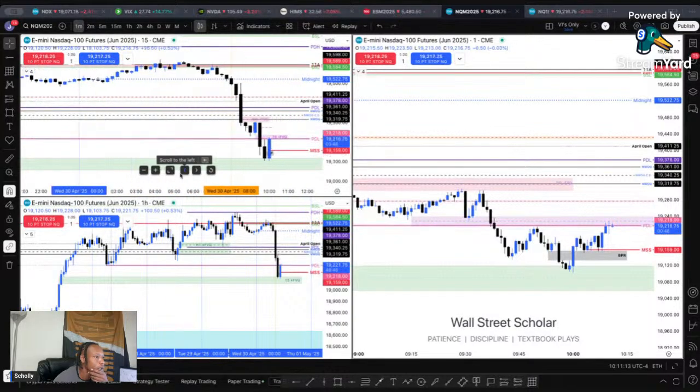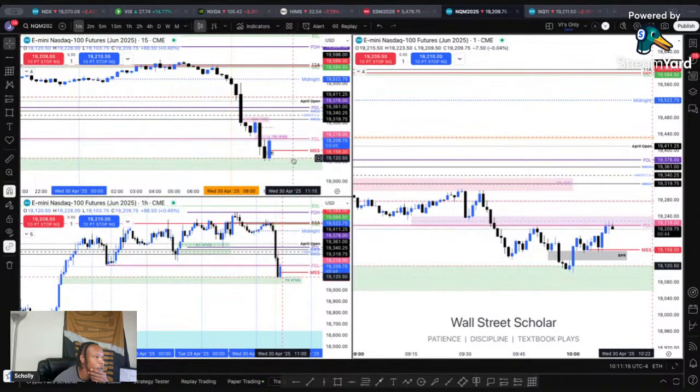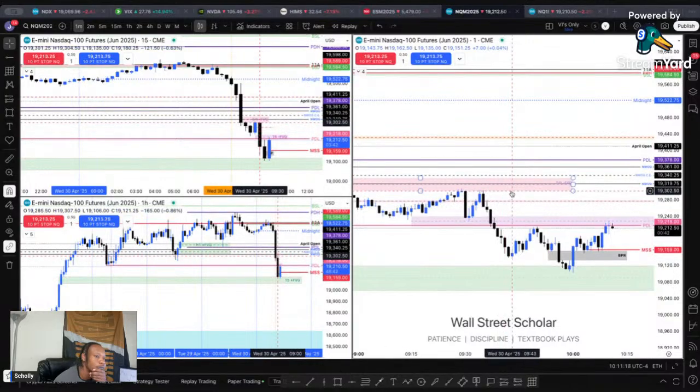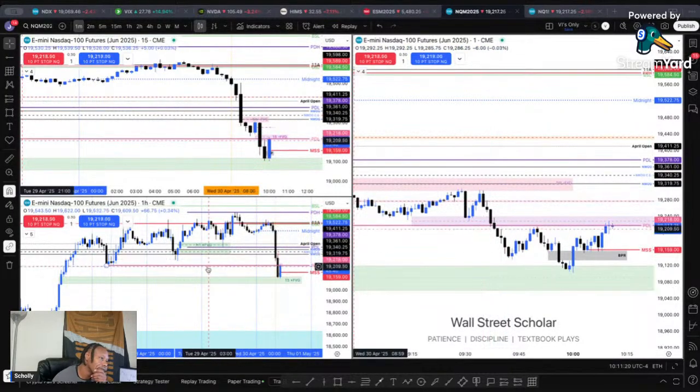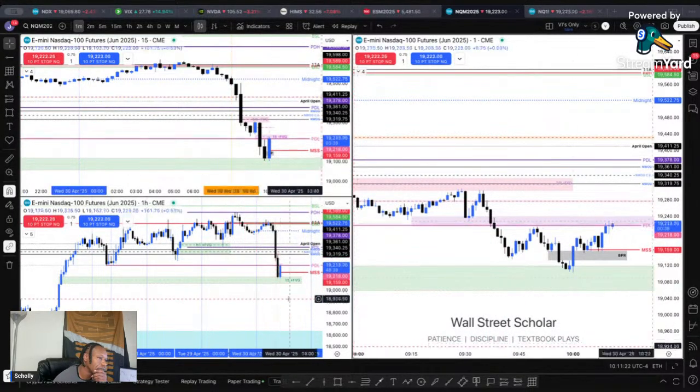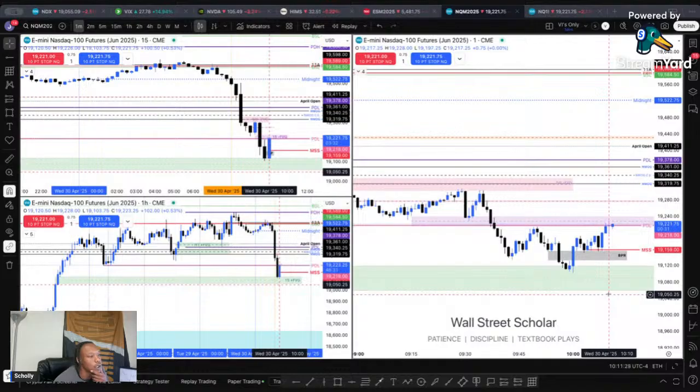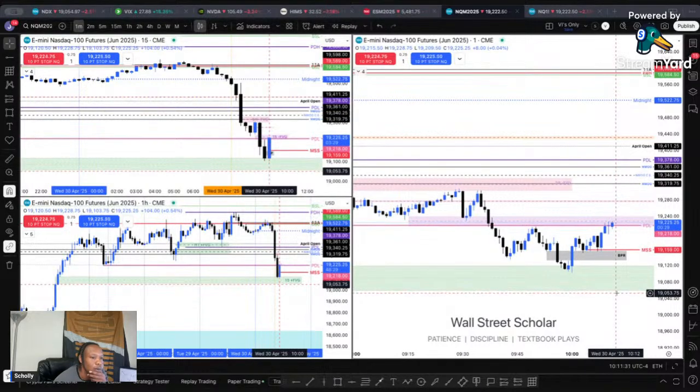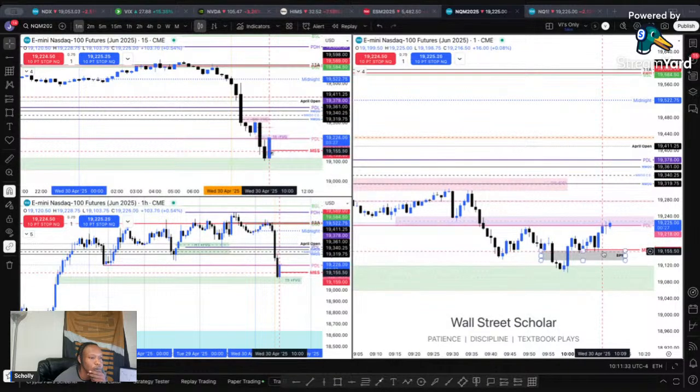We had the daily gap, 218. We came down to the 15-minute gap. And it's 10 o'clock, 10 o'clock hour going up. That 1 minute BPR probably was a silver bullet.